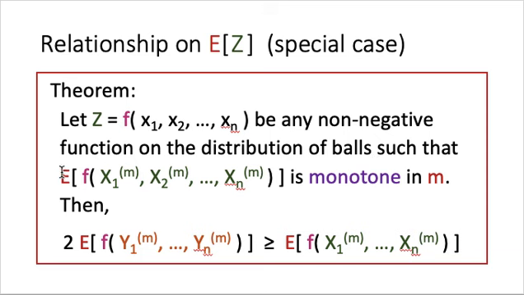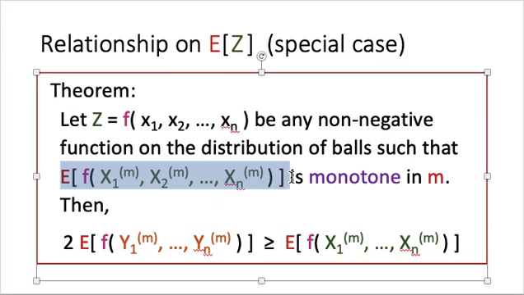But suppose that we also know that the expected value of this random variable in the exact case is monotone in m. What is meant by monotone in m? As m increases, this expected value is always increasing, or as m increases, this expected value is always decreasing.